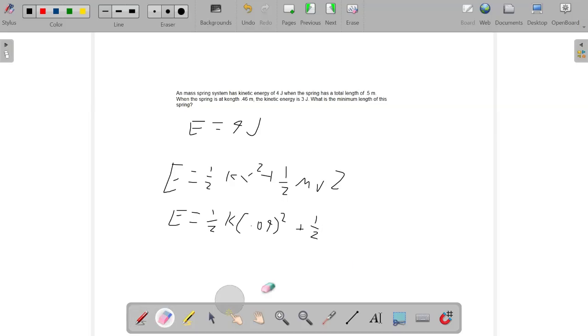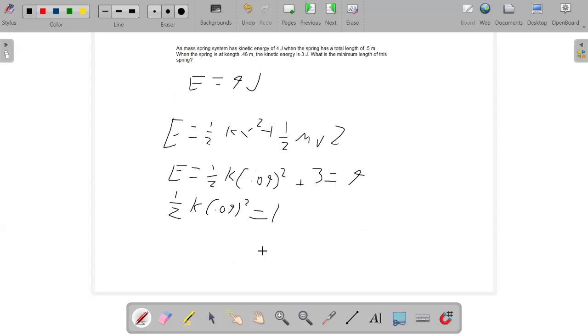Actually, we don't even need this, we can just replace it with 3 because you know that kinetic energy is 3 at this point. This equals 4. So what we end up getting is that 1/2 k of 0.04 squared equals 1. And at this point, all you have to do is solve for k.